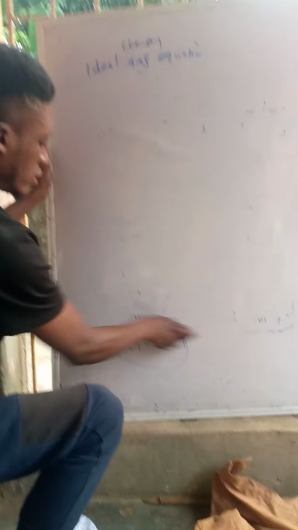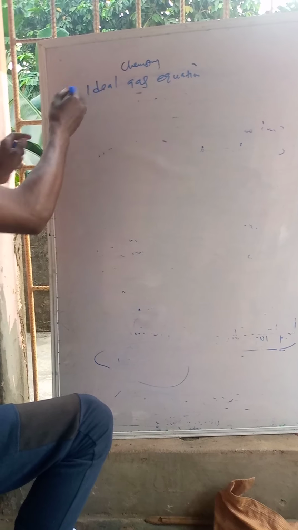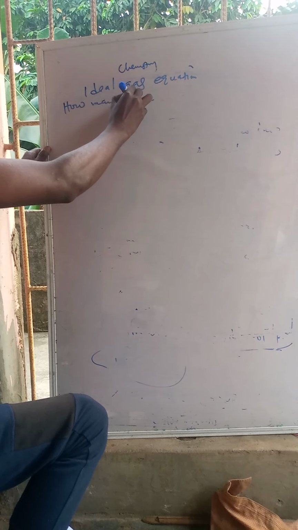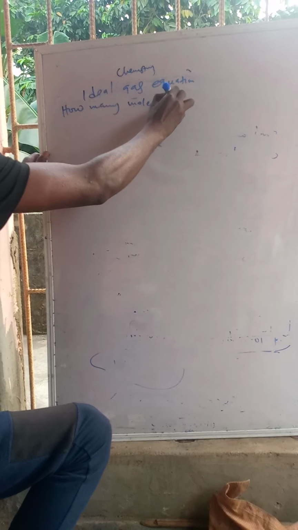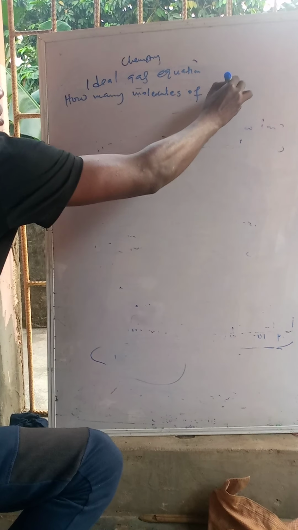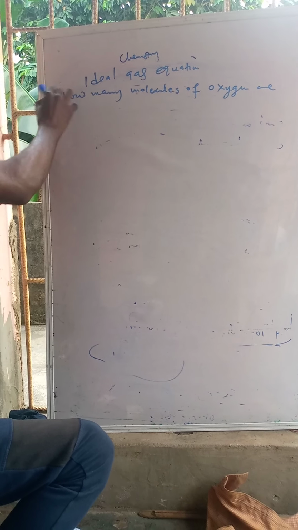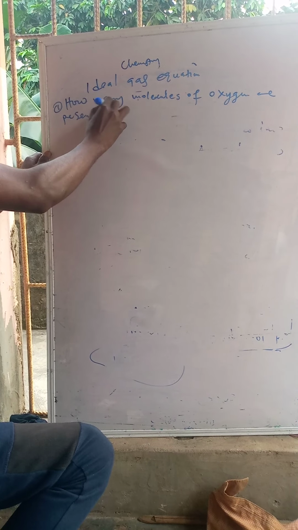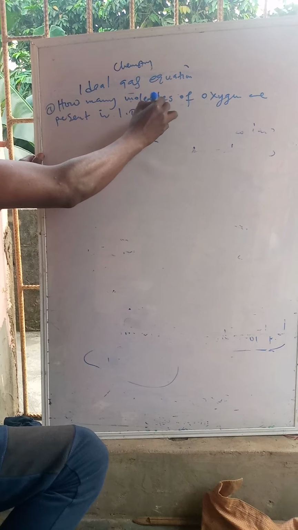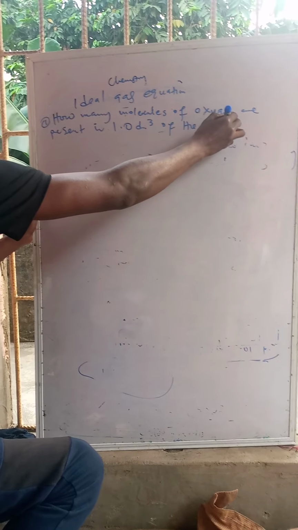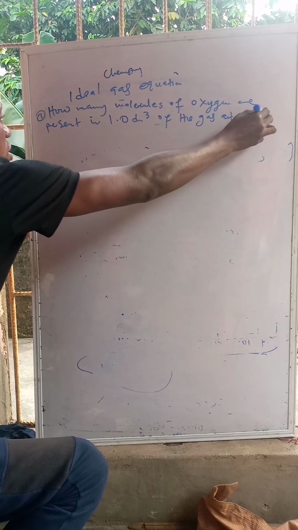How many molecules of oxygen are present in 1.0 dm cube of the gas at STP?